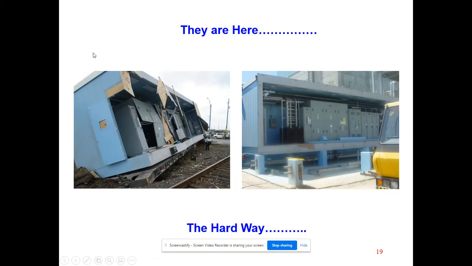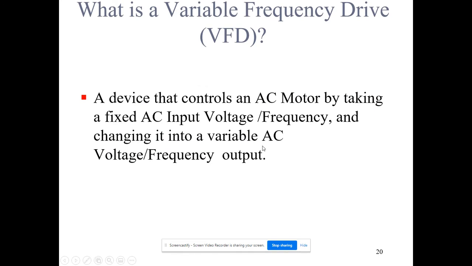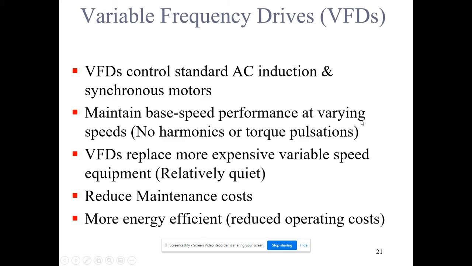An easier way to do it, and why it's mostly done that way, is just to close or open a valve a little bit, but we don't want to make a mistake and accidentally starve the water off our reactor. So we're controlling the AC motor, and we're taking a fixed AC voltage and frequency and turning them into a variable frequency and voltage. And that's all I'm going to go into with that.